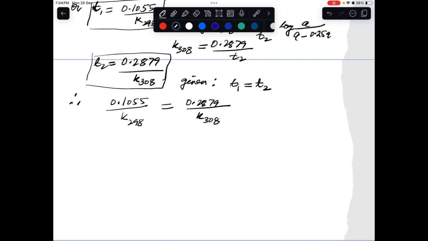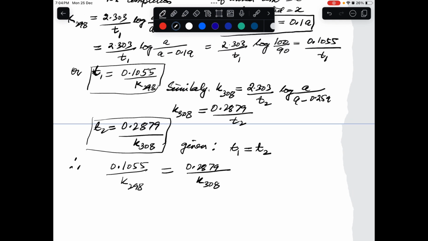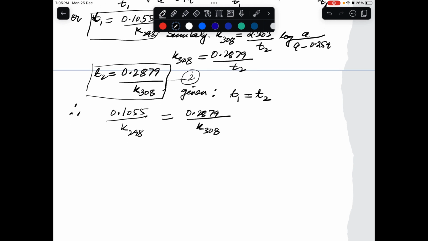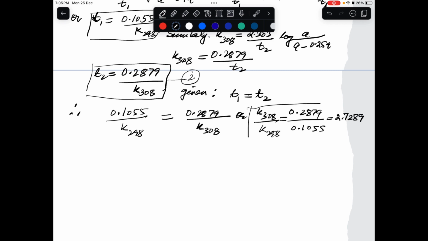We will equate these two equations, equation number 1 and equation number 2, and we are getting this third equation. Therefore, we can write K308 divided by K298 is equal to 0.2879 divided by 0.1055. This is equal to 2.7289. We have to remember this value because we will be using it later on.